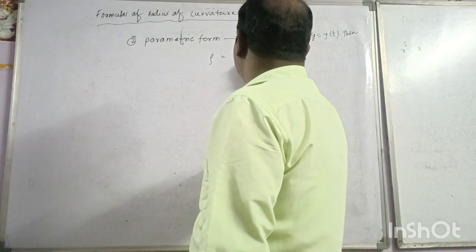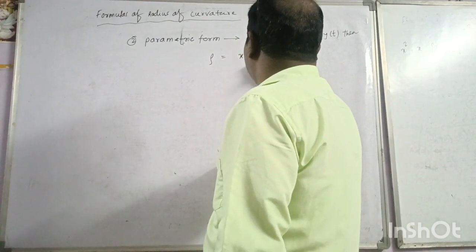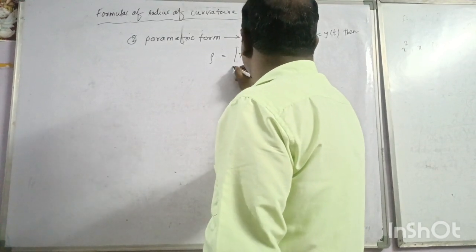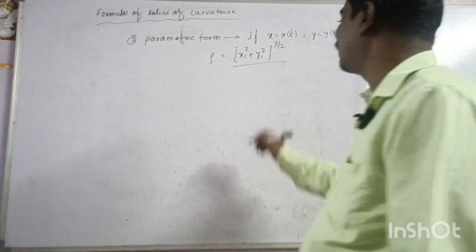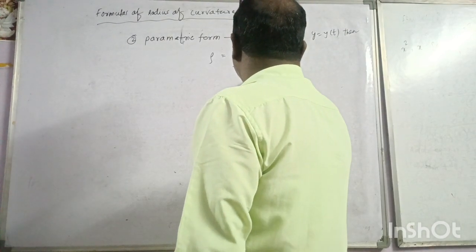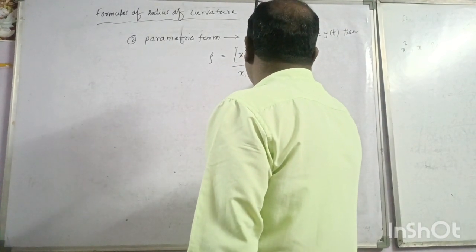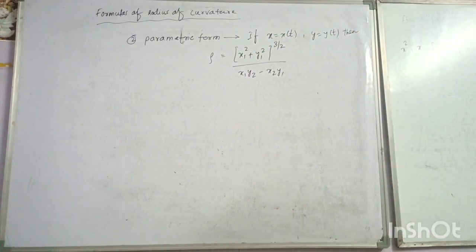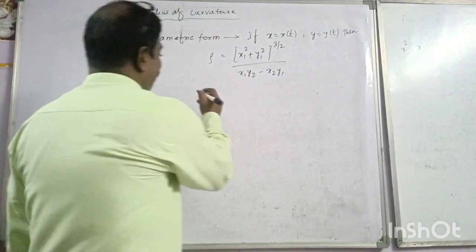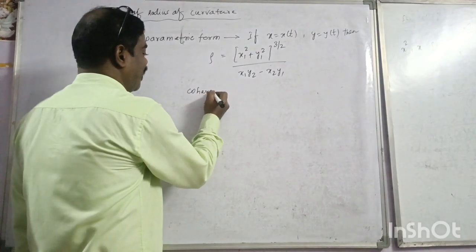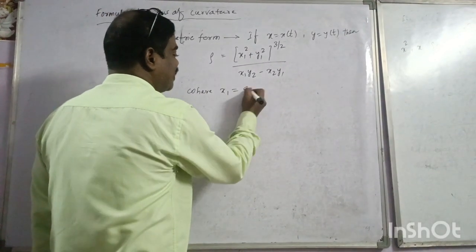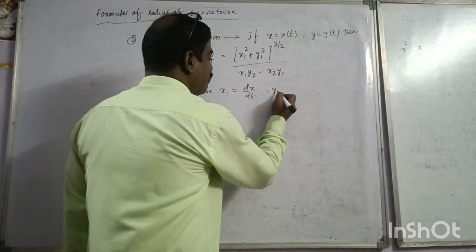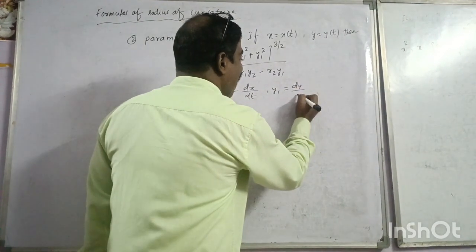So rho is equal to x1 square plus y1 square whole to the power 3 by 2, divided by x1 y2 minus x2 y1. Where x1 is equal to dx by dt and y1 is equal to dy by dt.